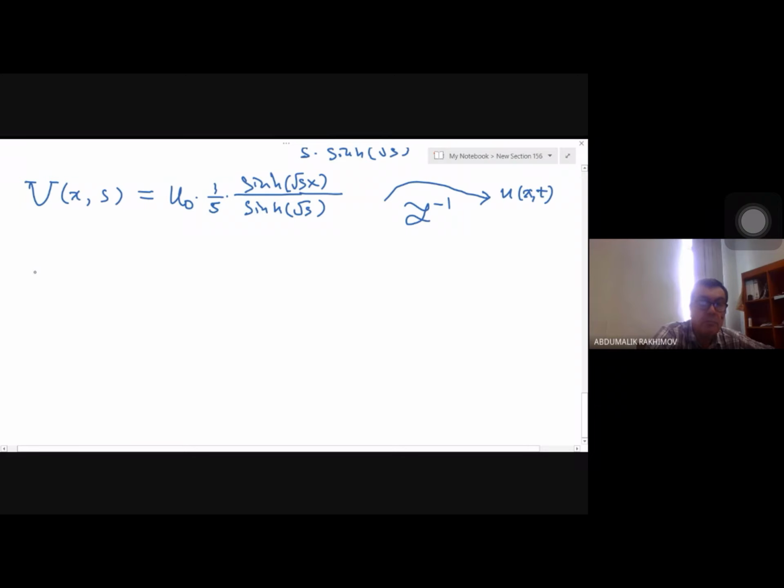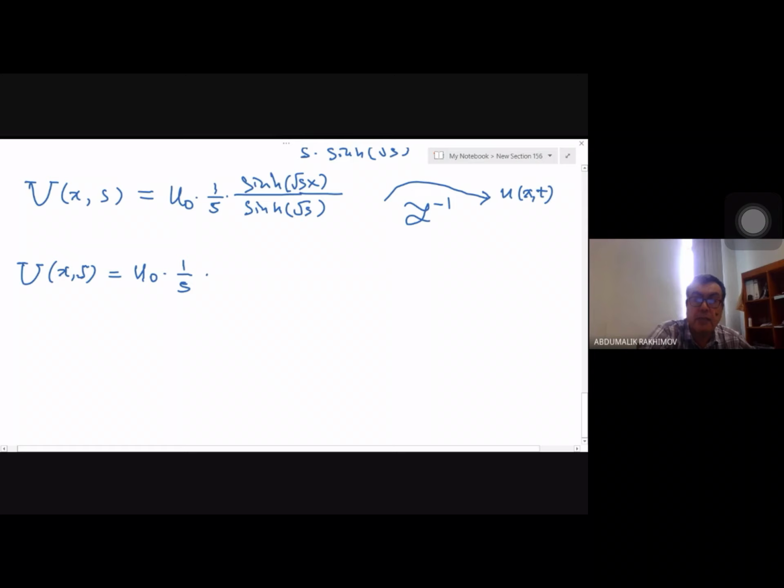So let me rewrite it like this: u(x,s) is equal to u0. u0 is constant, it plays no role. 1 over s is important because s is in the denominator, because we are transforming back from s to t, right? That's why this s is important.